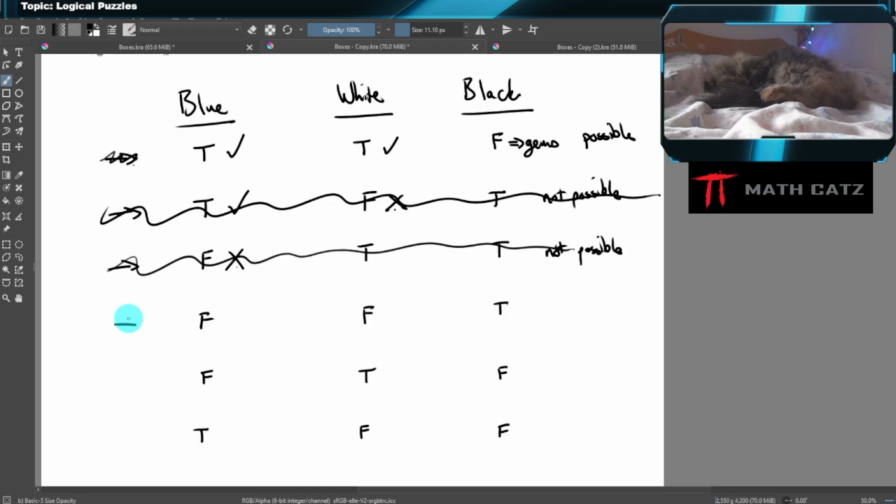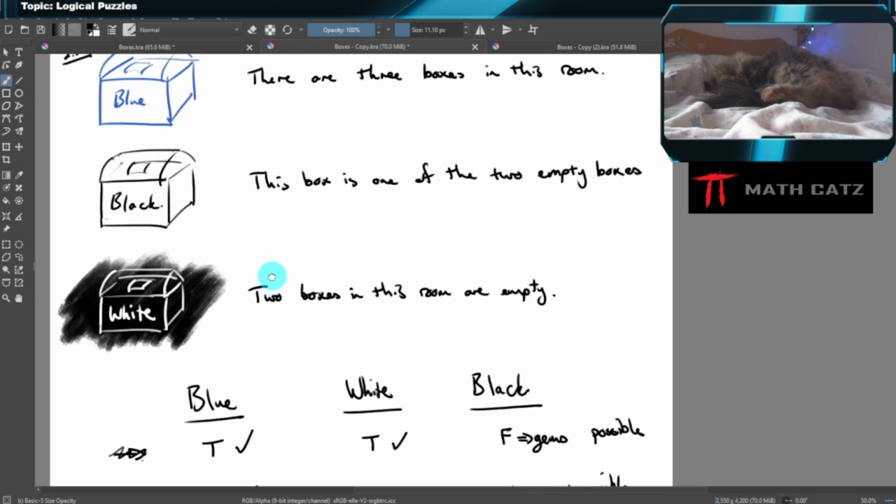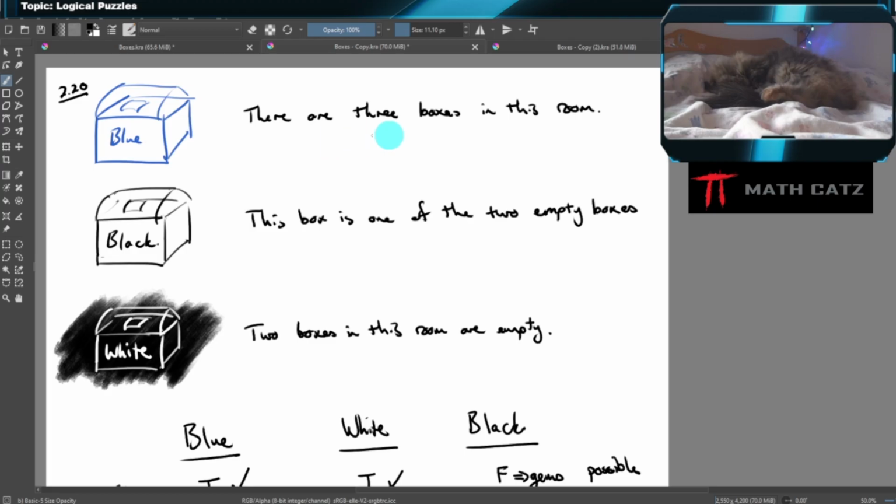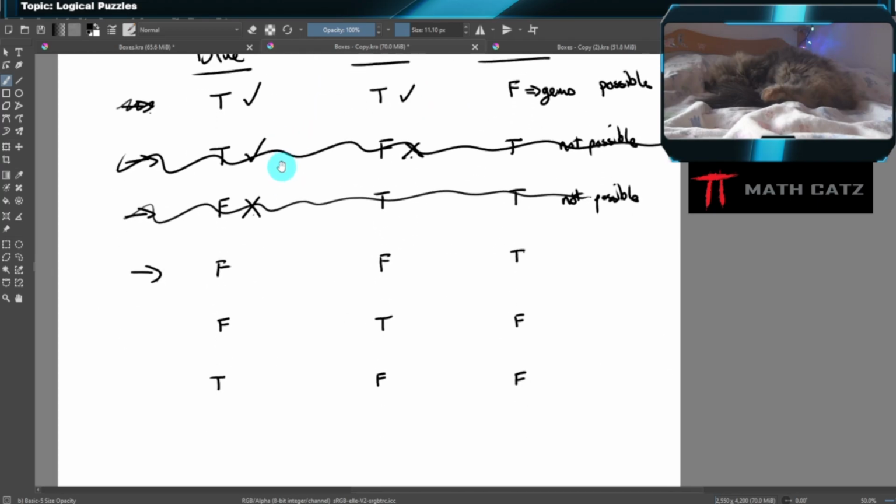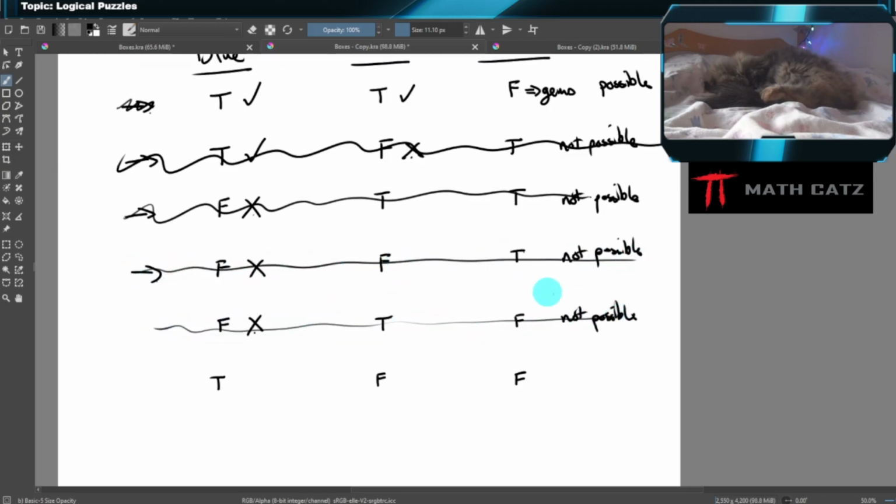See, that was very, very fast. Let's check the next one. If we start remembering what the boxes say, blue cannot be false. Blue is true. There are 3 boxes in this room. So anywhere where blue is false cannot be possible. So it's actually much faster than it might have originally seemed by just looking at the size of the list.